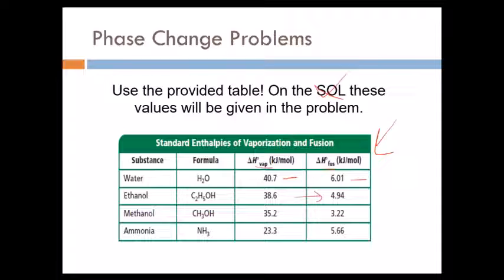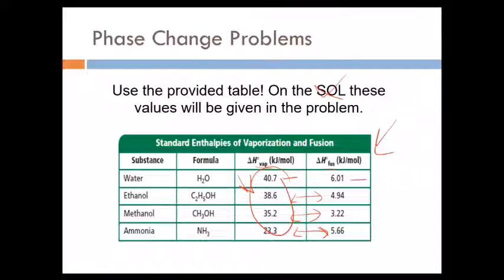You can tell the fusion number is much smaller than the vaporization number. Once again, you have to overcome all of the forces to change from a liquid to a gas, so that's why these numbers are much larger.